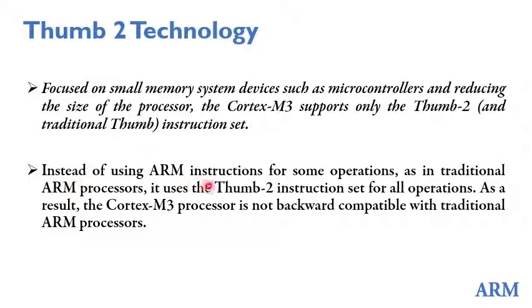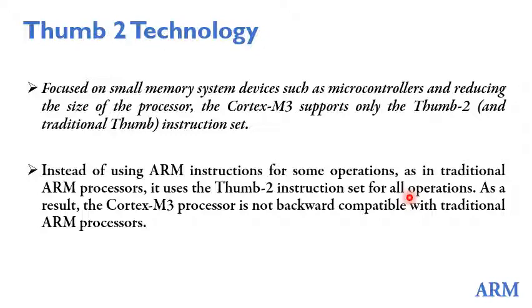Instead of using ARM instructions for some operations as in traditional ARM processors, it uses the Thumb-2 instruction set for all operations. So as we have already discussed, the traditional ARM processors were using 16-bit thumb instructions for typical operations, and for complicated operations they were using 32-bit ARM instructions.